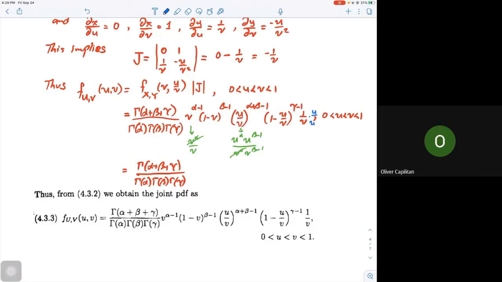Pwede naman yan. So dito pwede tayong mag-multiply dyan U over here. That's why we have this result now.